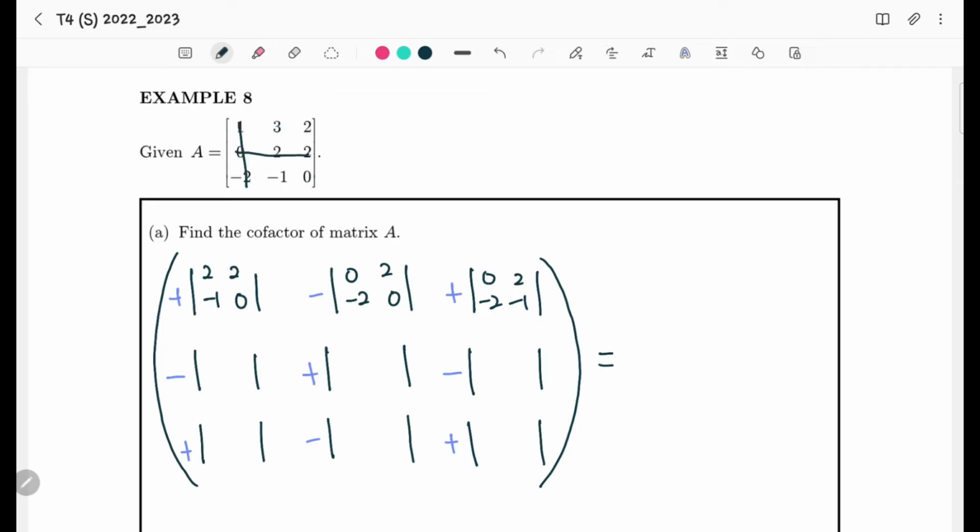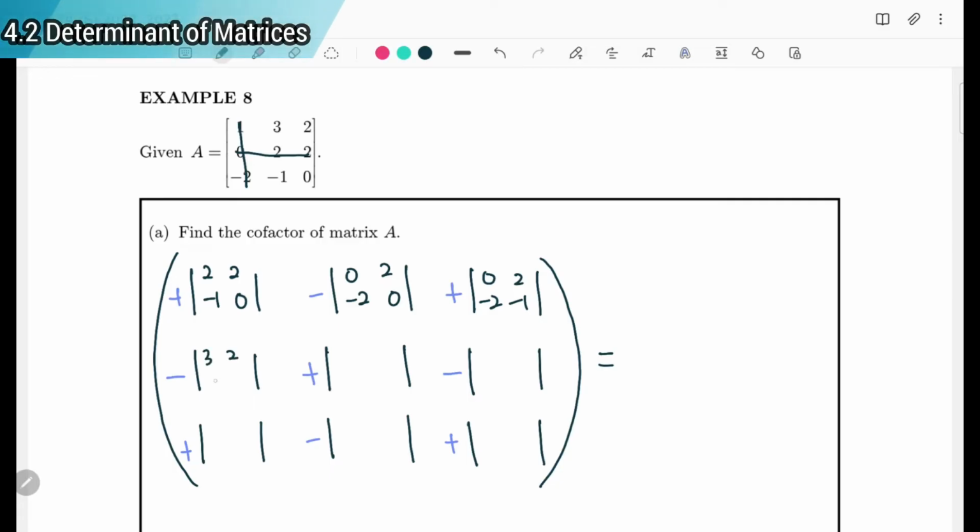For the second row, first column, we get 3, 2, negative 1, 0. Second row, second column, 1, 2, negative 2, 0. Then 1, 3, negative 2, negative 1. And then 3, 2, 2, 2.